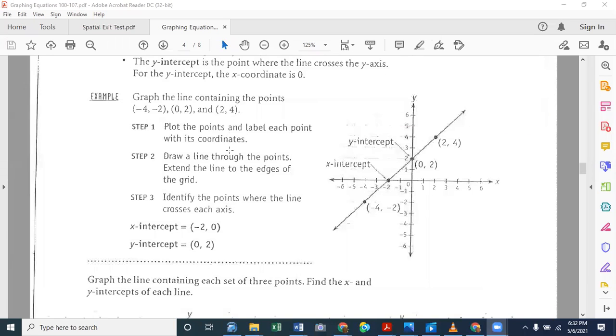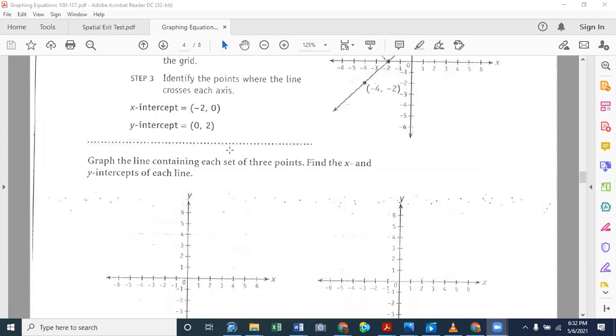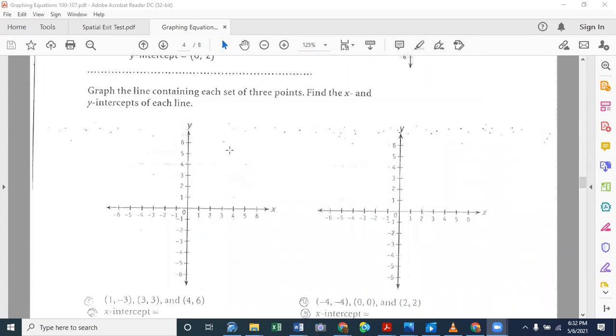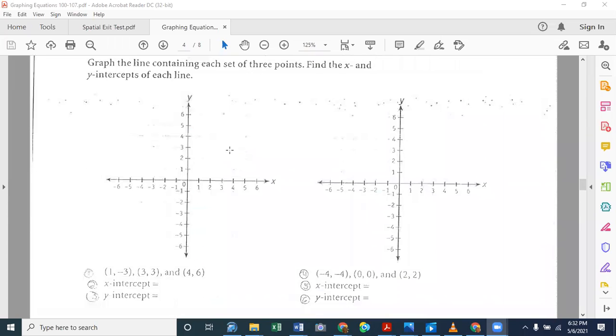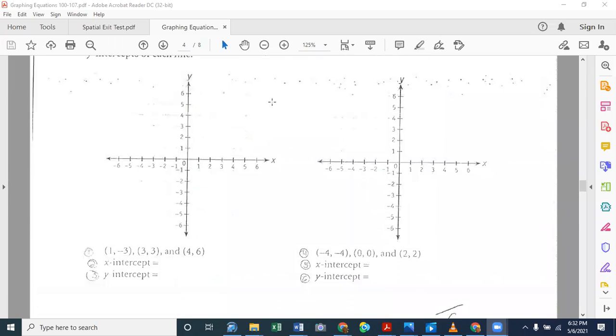Let's go on a little bit here, and they want us to graph the line containing the set of 3 points and find the x and y intercept. So they're giving you the points down here. Here are your 3 points: (1, -3), (3, 3), and (4, 6). So let's plot those.